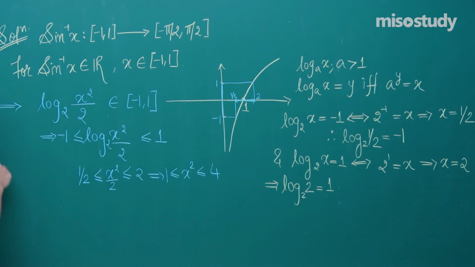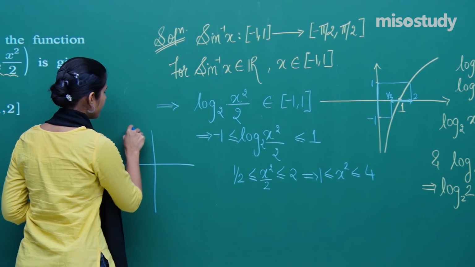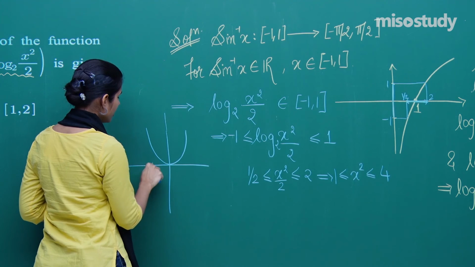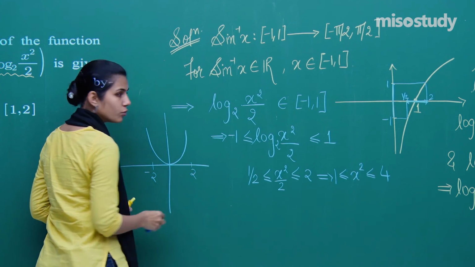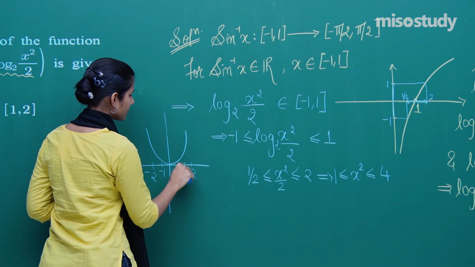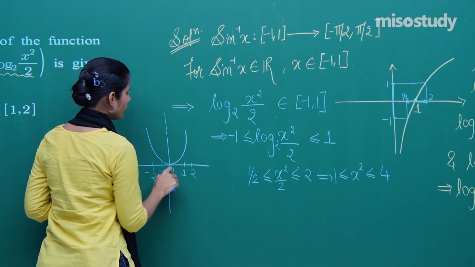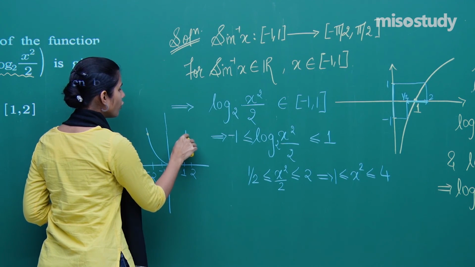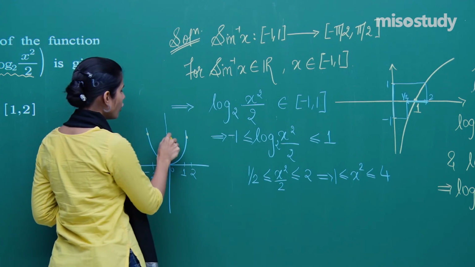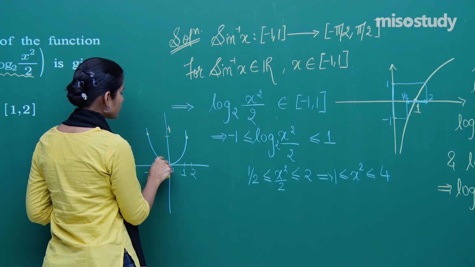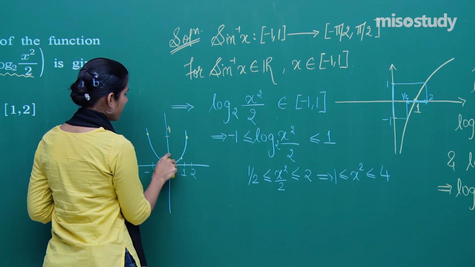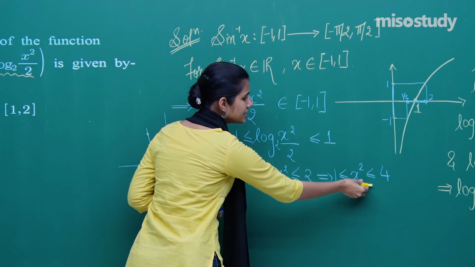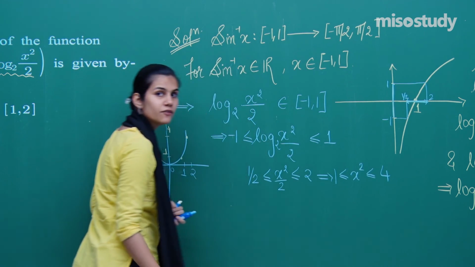Now if I make you understand the graph of x square between minus 2 and 2, I have which kind of a graph? Well, at minus 2 it obtains the value 4, at 2 also it obtains the value 4, at minus 1 and at 1 it obtains the value 1. I want those x's for which x square is between 1 and 4.